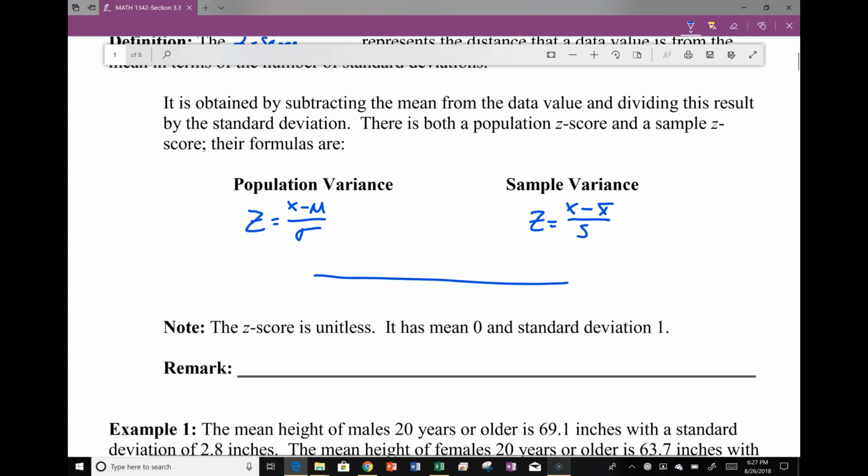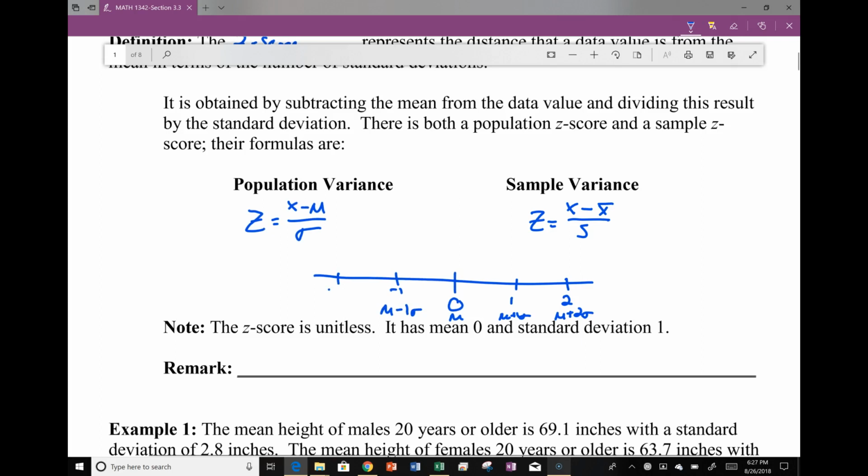When we're looking at z-scores, the middle is 0, which is our mean. 1 is the mean plus 1 standard deviation. A positive 2 is the mean plus 2 standard deviations, whereas a negative 1 is the mean minus 1 standard deviation.